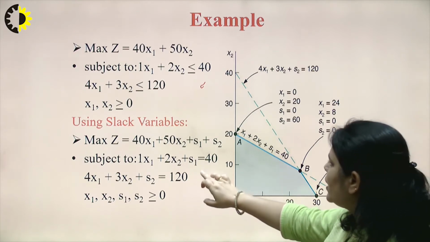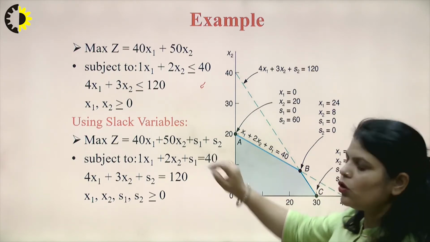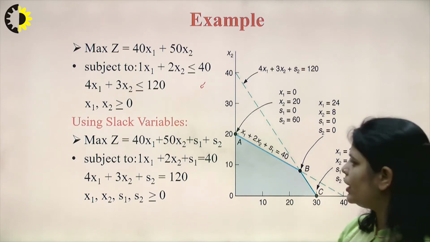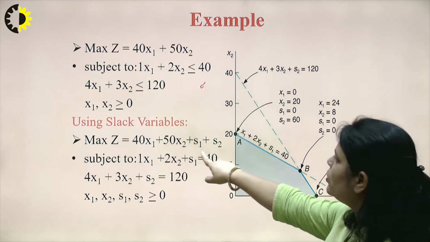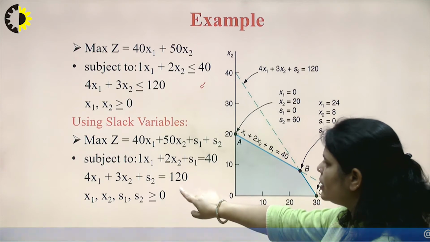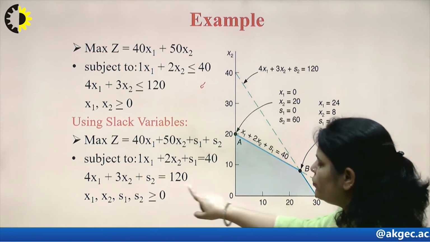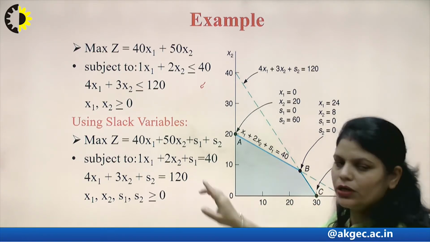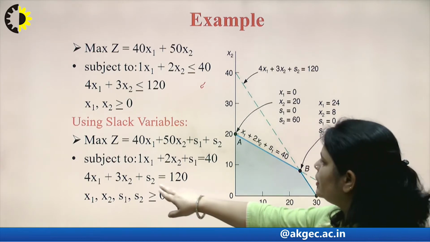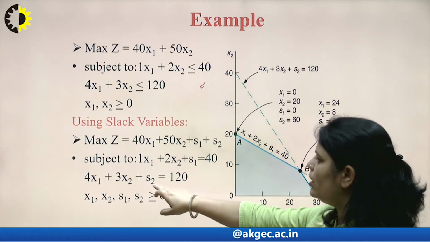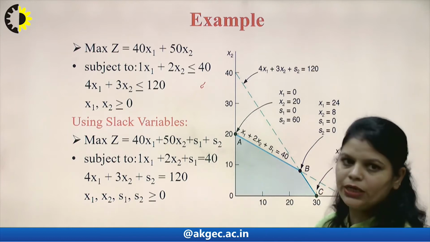Clear? And we have to mention it in the objective function also. So we have mentioned it in the objective function also. In the second constraint, if we want to convert it into an equation, then we add the s2 variable, and we indicate it in the objective function.